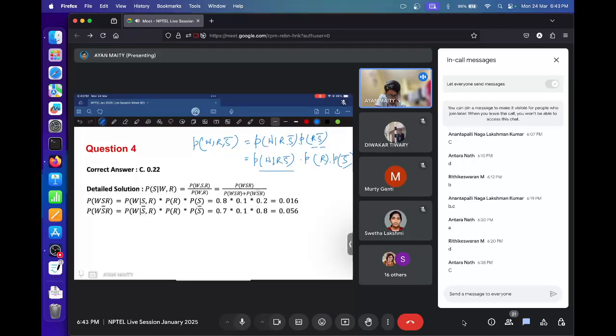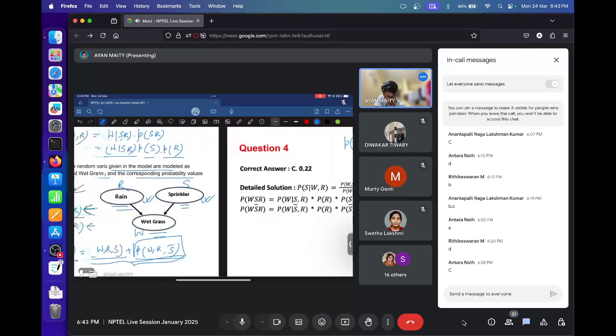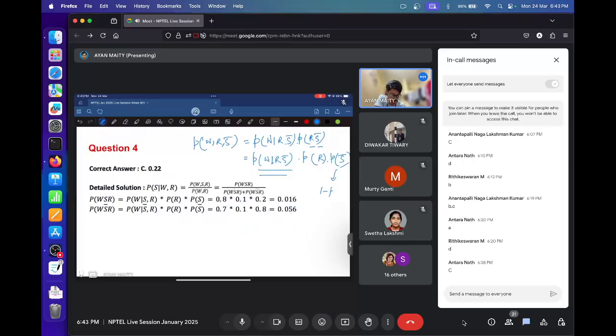So this probability of W given R S complement is given here, this one, and probability of R is also given. Probability of S complement would be 1 minus probability of S. So this is just 1 minus probability of S. Probability of S is given in the question, so you can again put these three values into this formula to find out the probability of W comma R comma S complement.